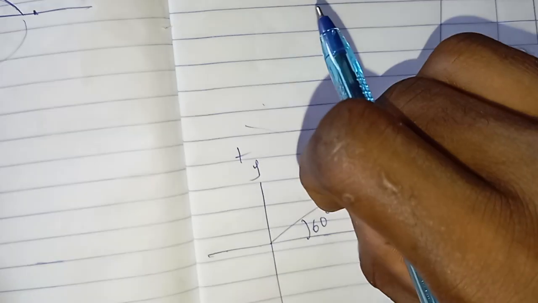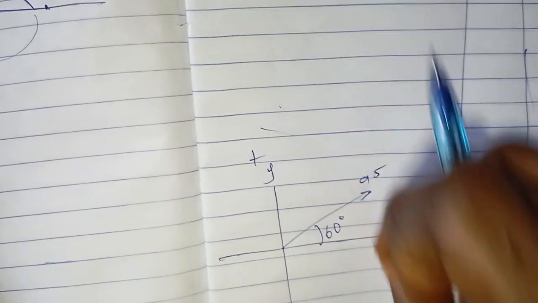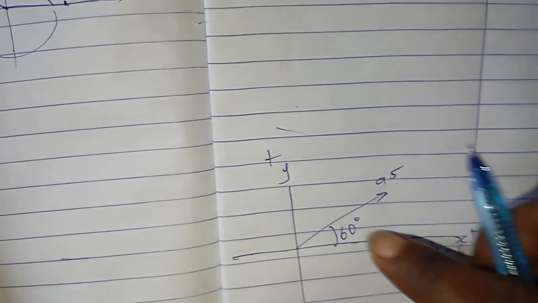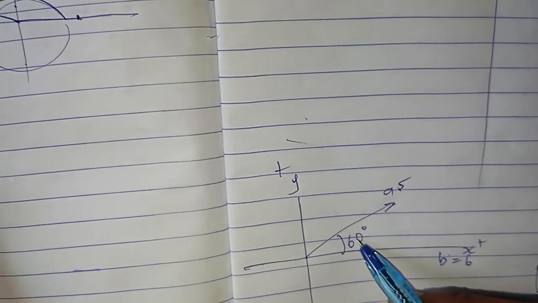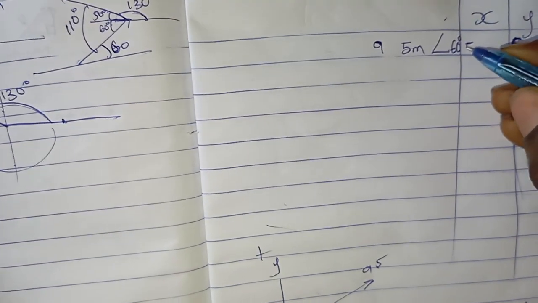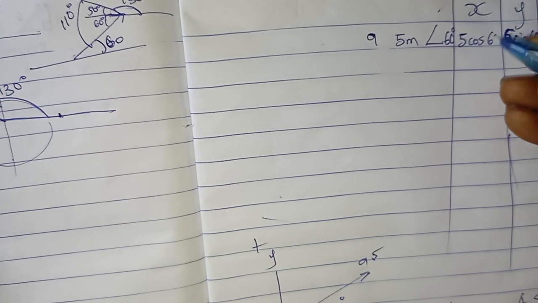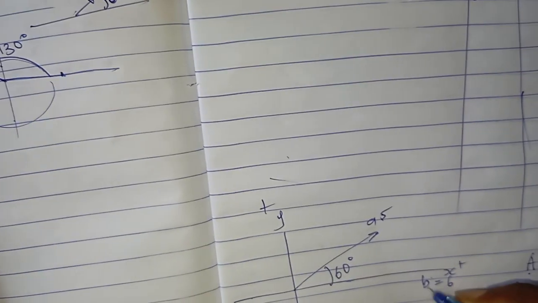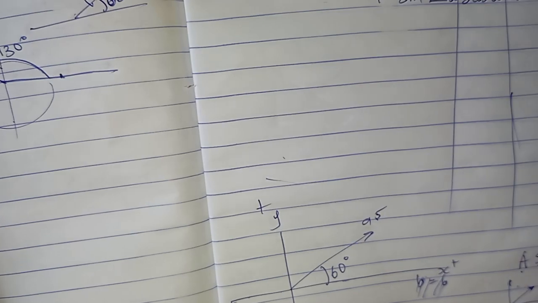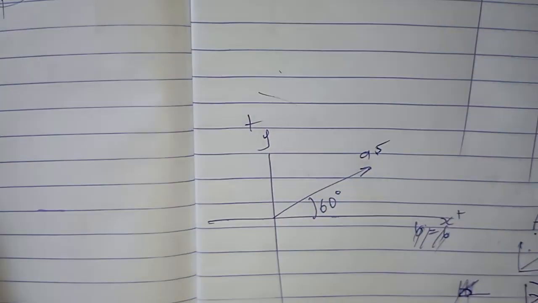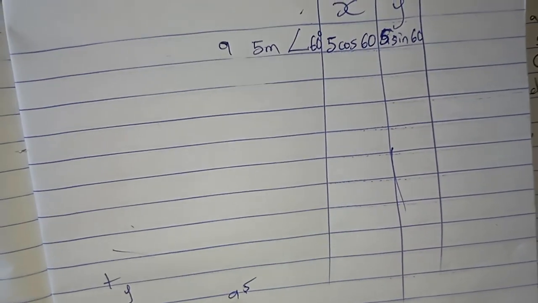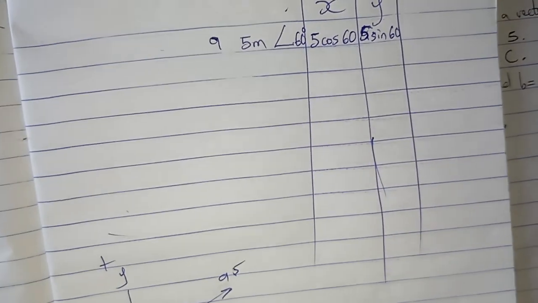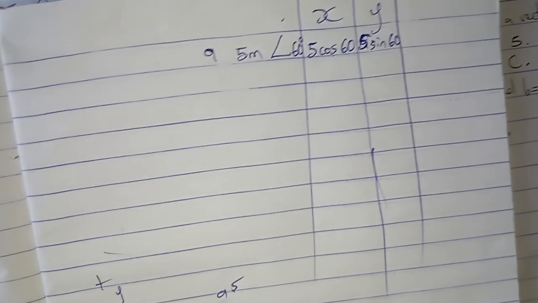When I'm going towards the angle, trying to carry this to here, I'll use 5 cos 60. And that is for A. We have no business with B here. So for A, we do 5 cos 60 for the x-axis and 5 sine 60 on the y-axis.